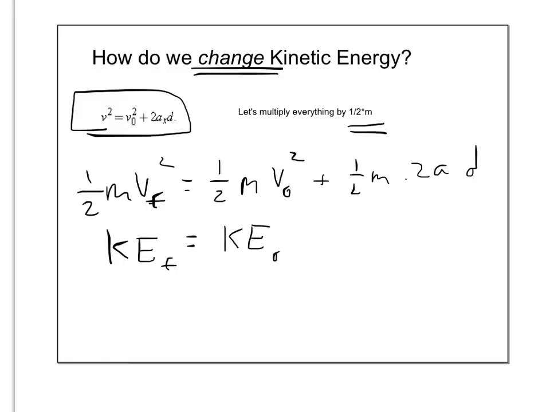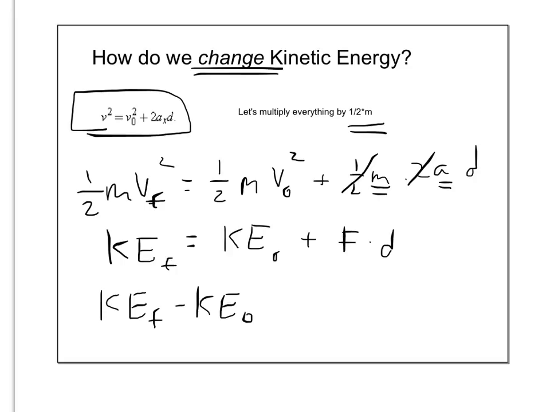And if we cross off the 2's and we recognize that mass times acceleration is just force, what we're left with is force times distance. Rearranging this equation, we get kinetic energy final minus kinetic energy initial equals Fd.